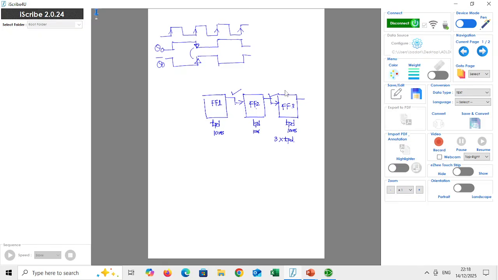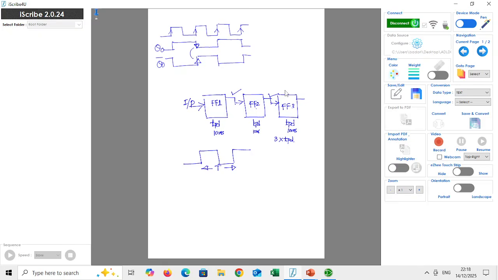Now let's find out the relationship between the input clock frequency and this propagation delay. Let's draw one clock waveform. This is the time period of the clock waveform, so T is the total time period of one clock.